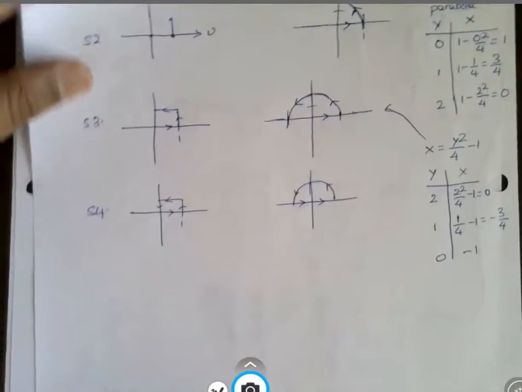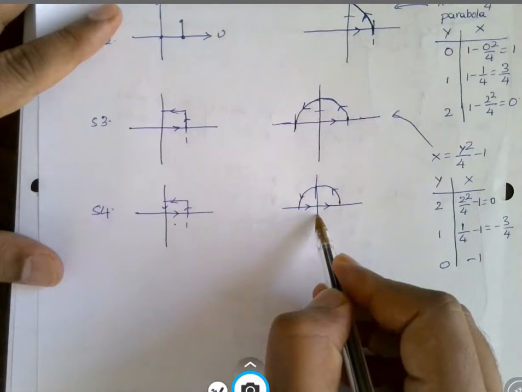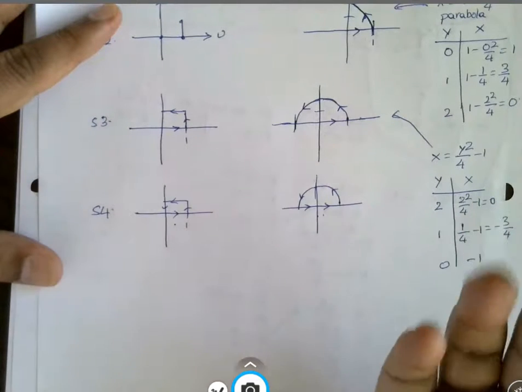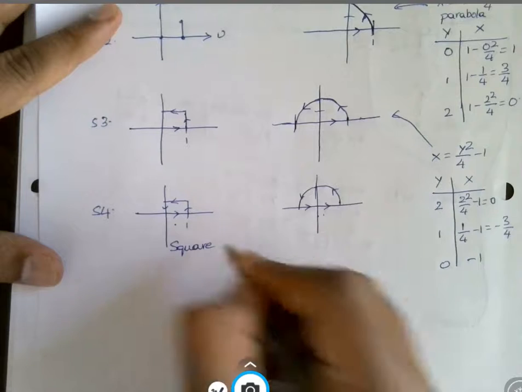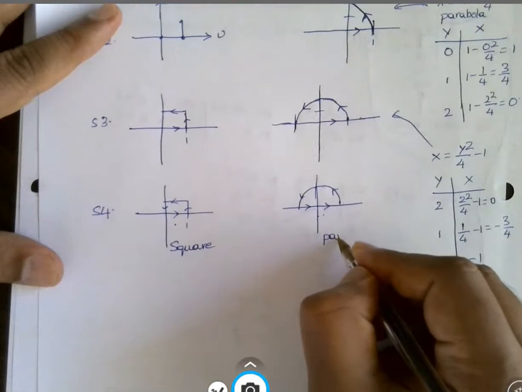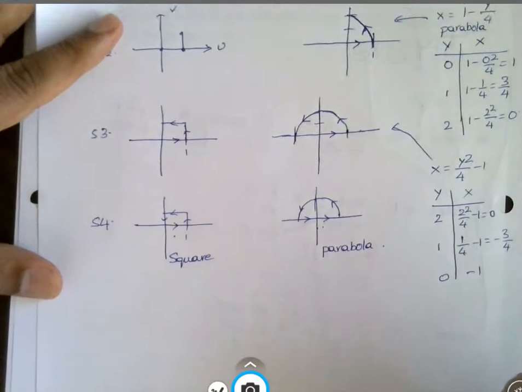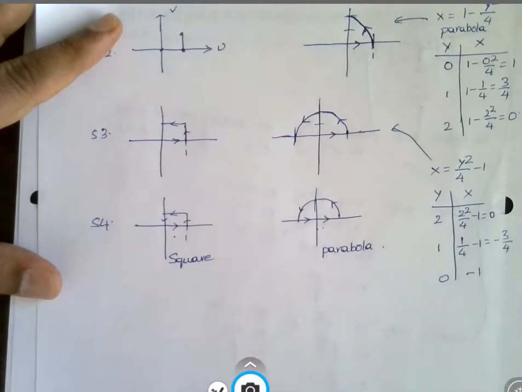By running through all the computations, what I showed you is that this square would transform into this kind of picture. It looks like a semicircle, but it is not. It is more like a parabola. My picture is bad. So this is a square, and under the transformation it became a parabola. This is not a semicircle. Please remember that.